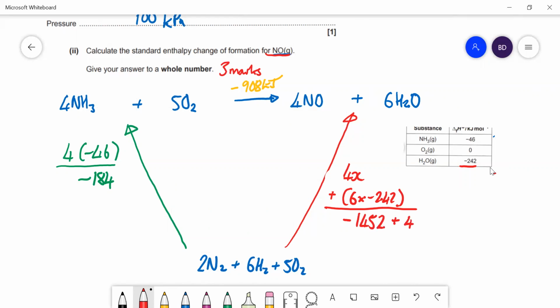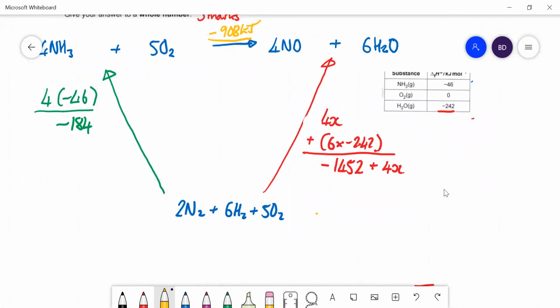plus 4x. Now we're going to use Hess's law. So we know this number here, going from left to right, is minus 908. Minus 908 is equal to, now we're going against the green arrow, so we change that minus 184 to plus 184.